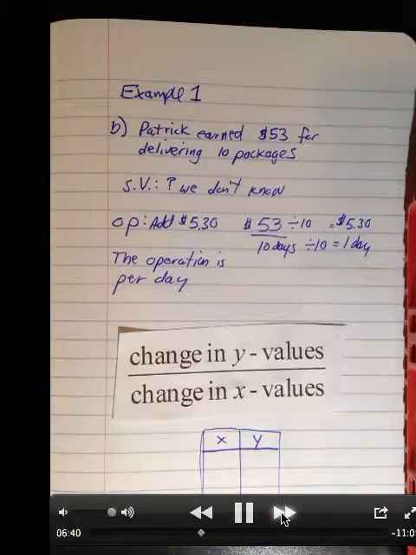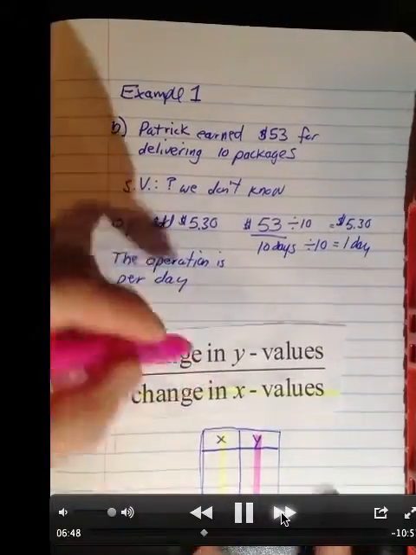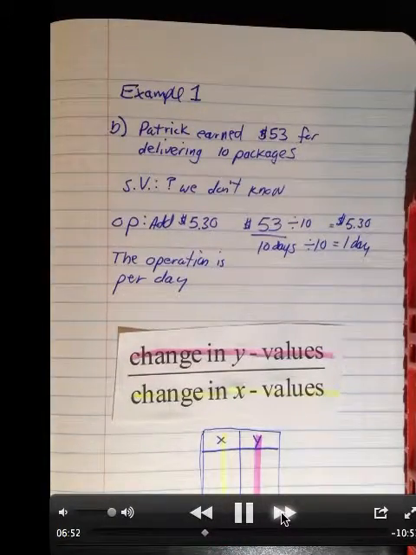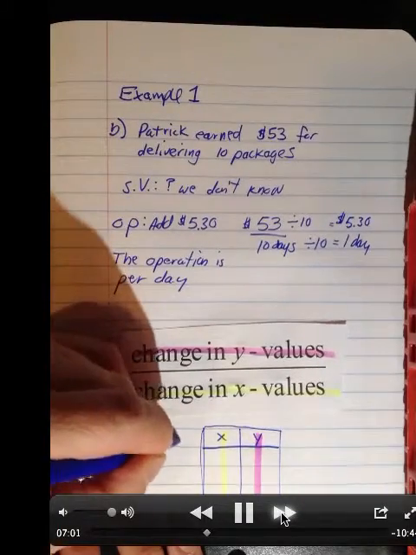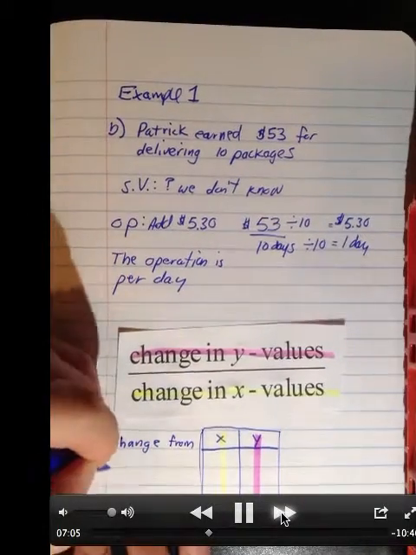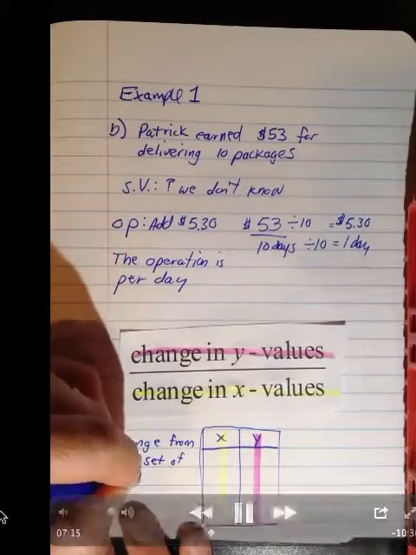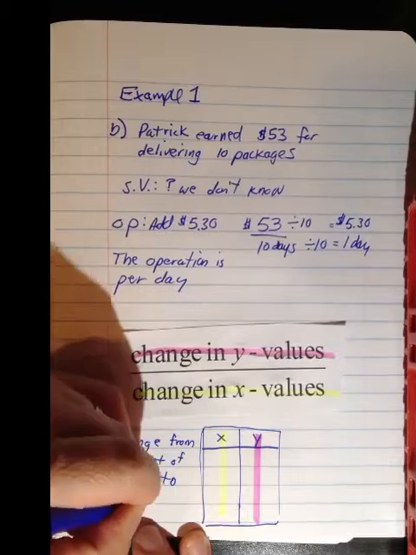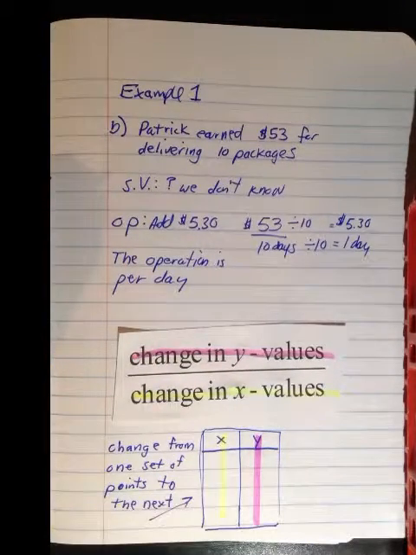And then make an XY chart, and I'm color coding, and if you want to get some color, I have yellow are my x values and pink are the y values. So the change from one set of points to the next is what we're looking at, and it doesn't matter which set of points you use.